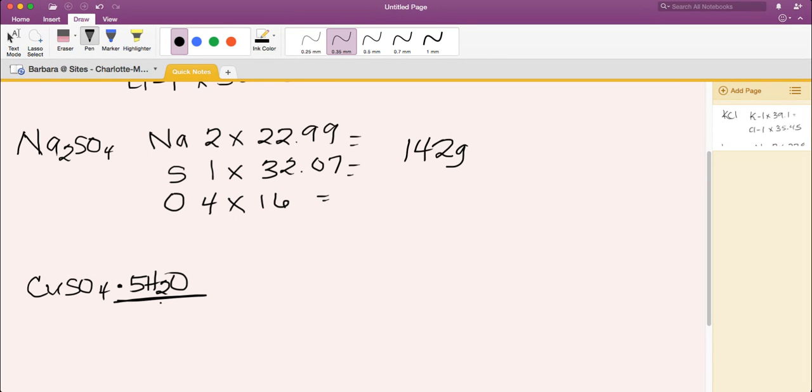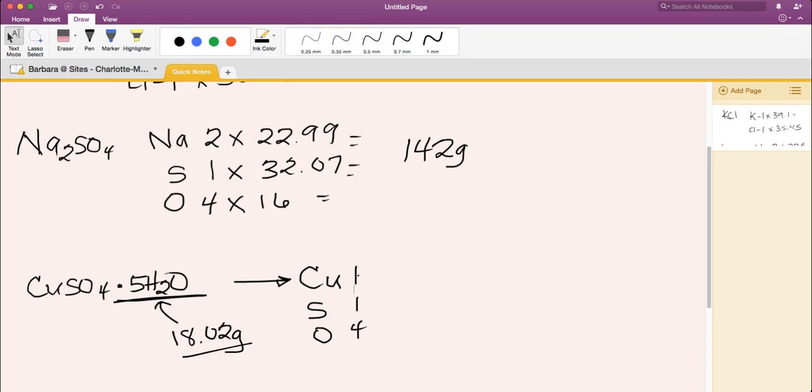In the previous video, we calculated that the mass of water is 18. So make sure you hold on to that. Actually, it was 18.02 grams. So hold on to that information because we're going to use that to calculate the total mass of this hydrate. All right, so we now have 1 copper, 1 sulfur, and 4 oxygen. So now you're going to go to the periodic table.